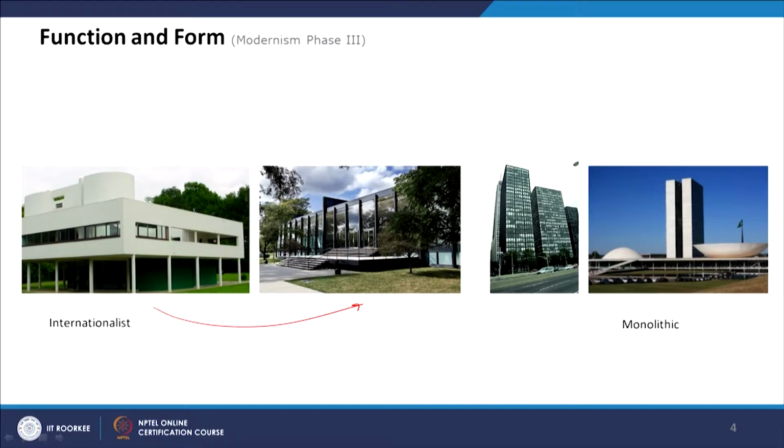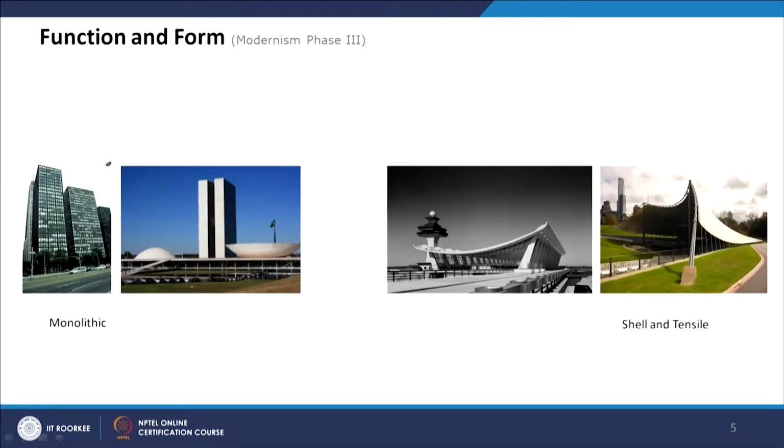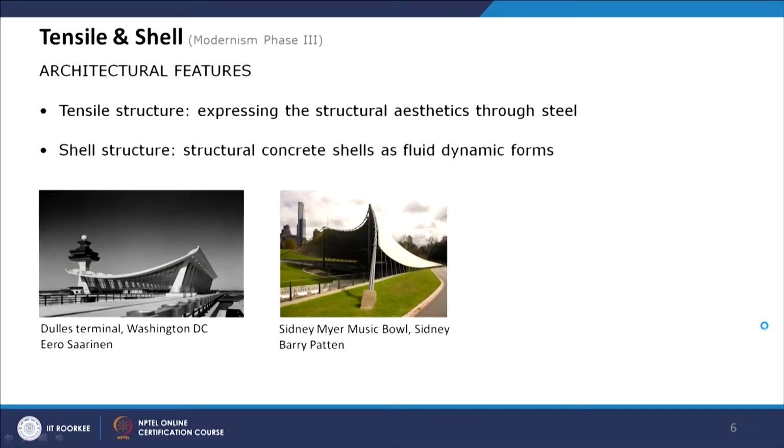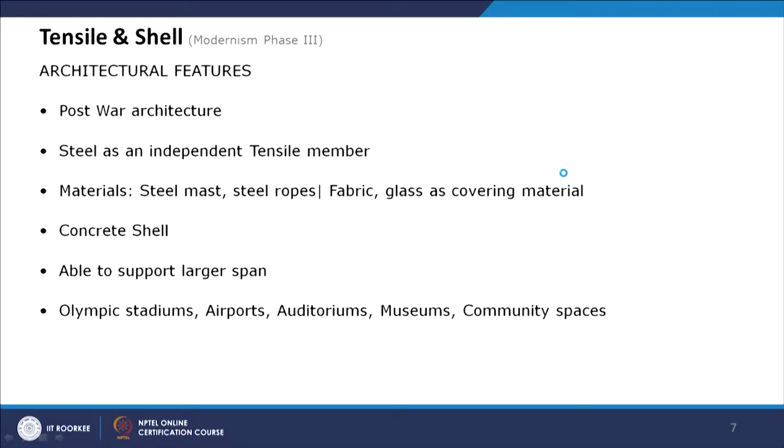So from the rectilinearity of the form, where there were curves but pure geometric curves, and where the form was important in monolithic, there was now more curvilinearity and more dynamic forms in the shell and tensile structures. We have discussed a few examples of how the shell and tensile structures were there, and their architectural qualities.